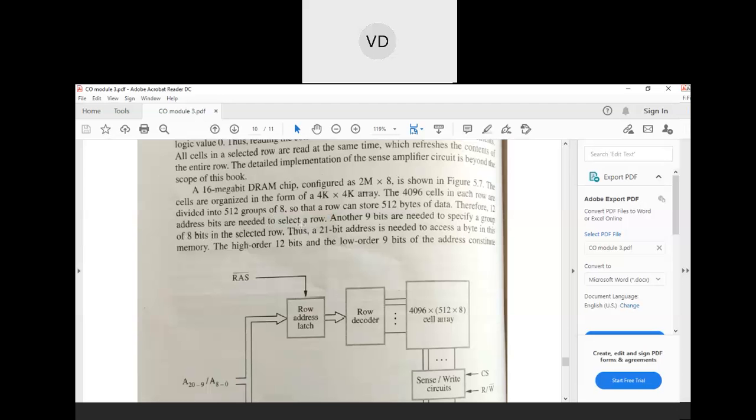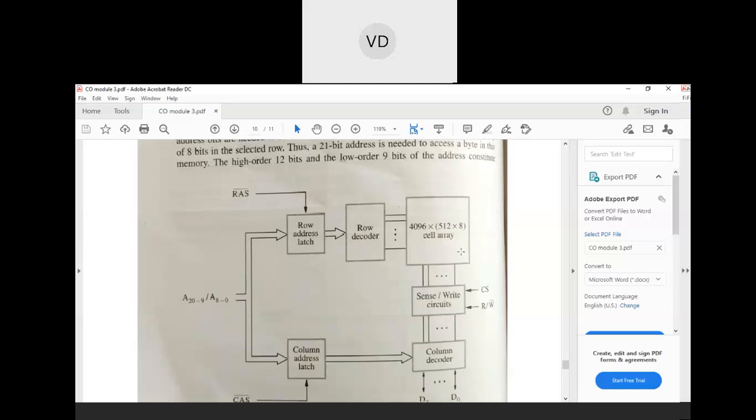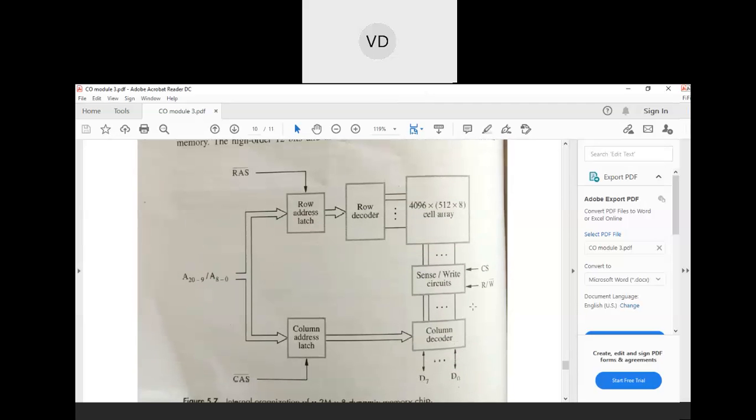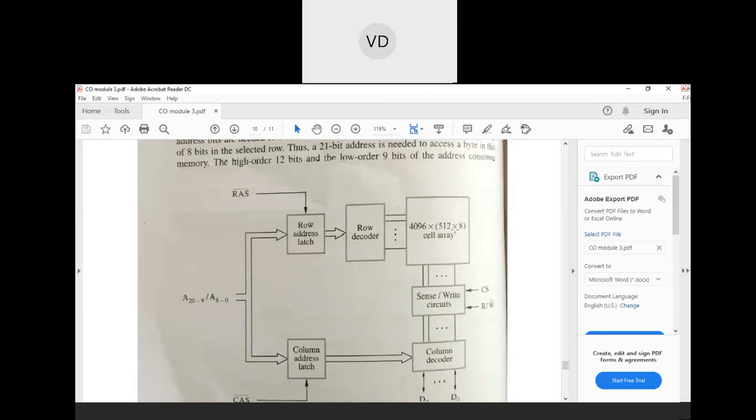Out of that complete row, we have to select which group. There are 8 groups, no? Why are we selecting only 8? Because I am having the output data as only 8 bits here, D0 to D7. Is it not? So that is why we select which group out of the 8 groups.